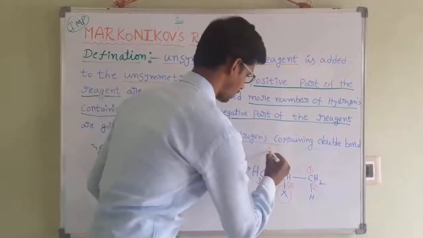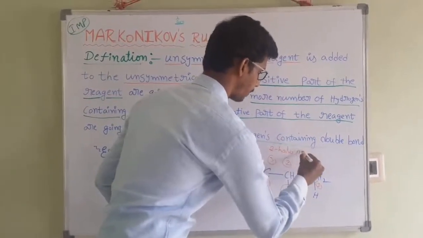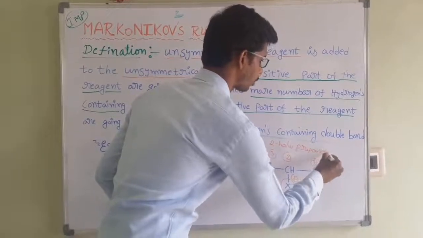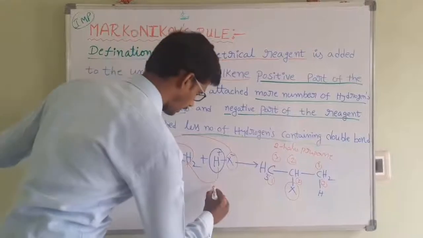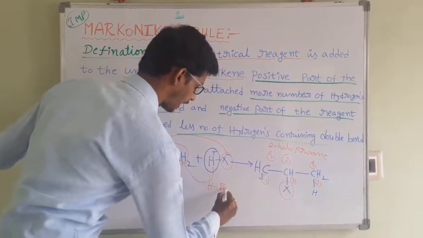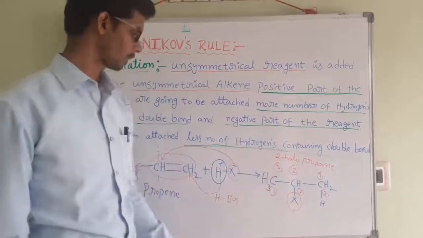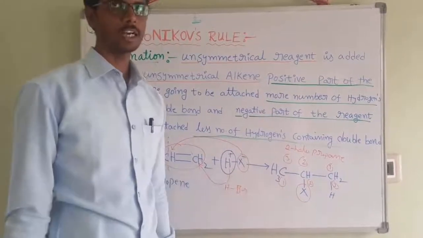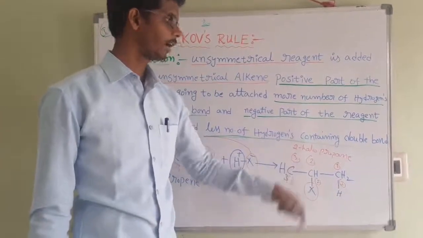The name is 2-halopropane. Suppose you take HBr, hydrogen bromide, it gives the corresponding 2-bromopropane. Suppose you take hydrogen iodide, the product formed is 2-iodopropane.